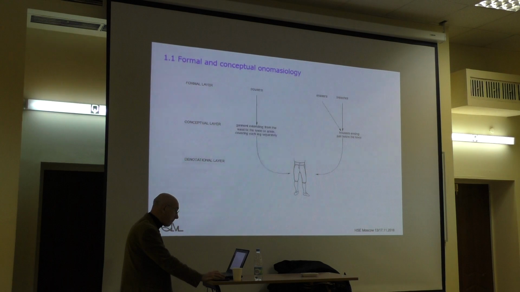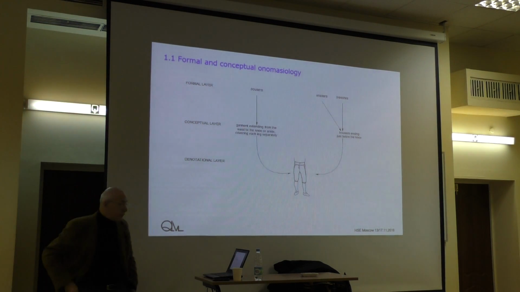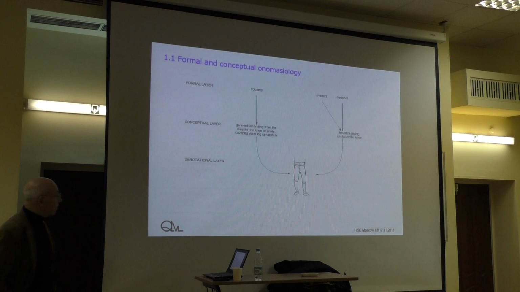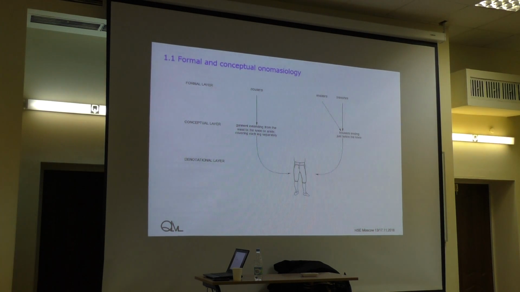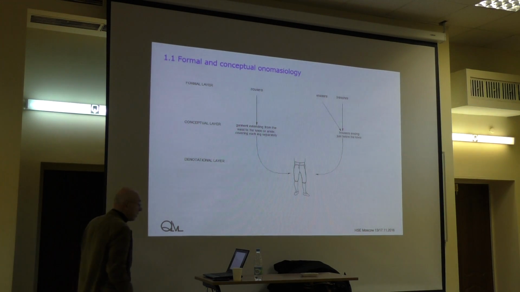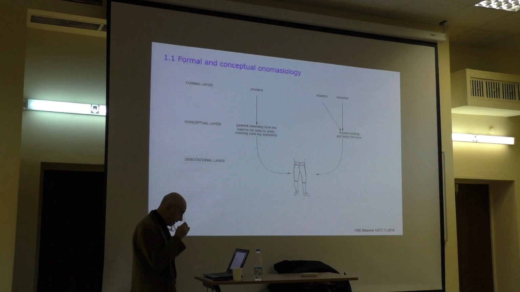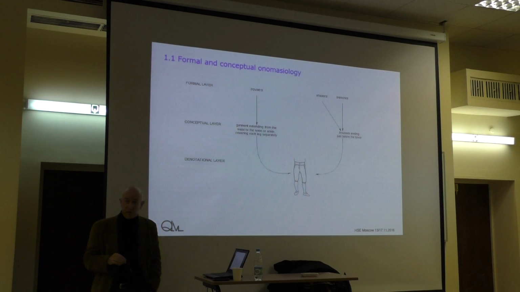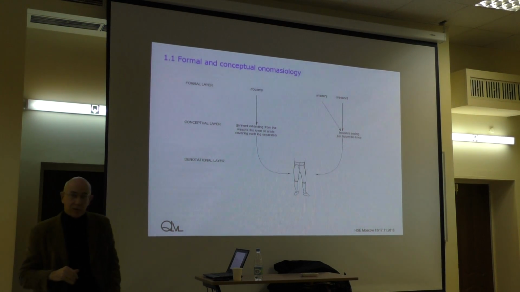However, you could also talk about the thing in question as a pair of trousers, where trousers means a garment extending from the waist to the knee or ankle, covering each leg separately. Well, you know what trousers are.